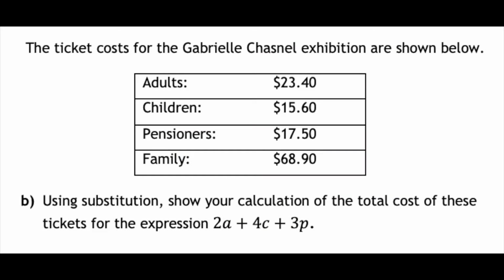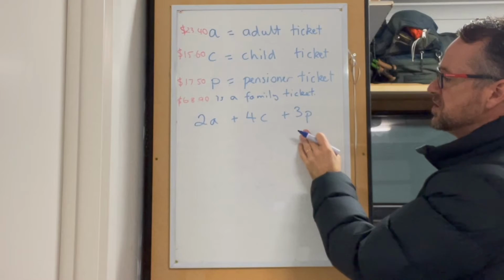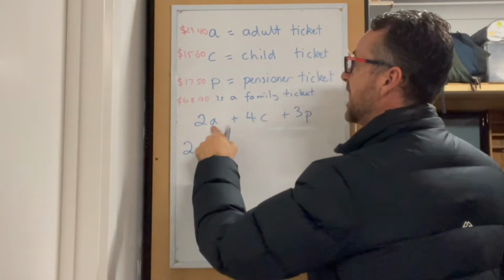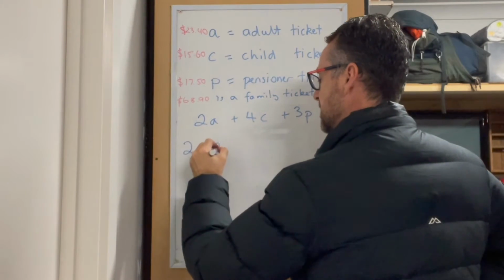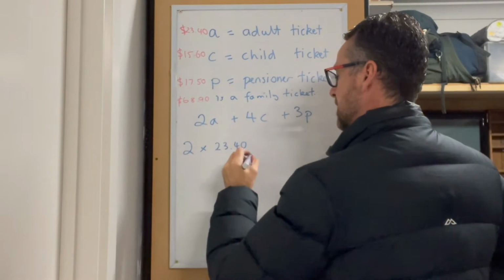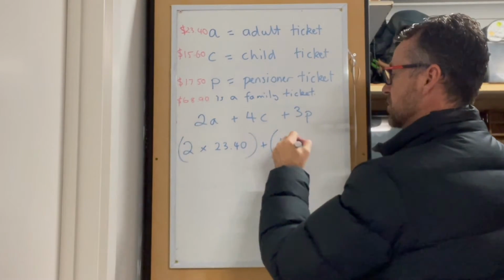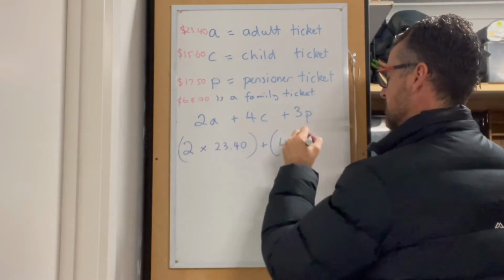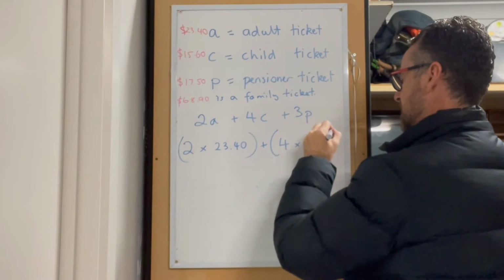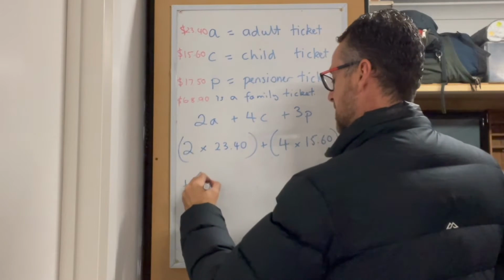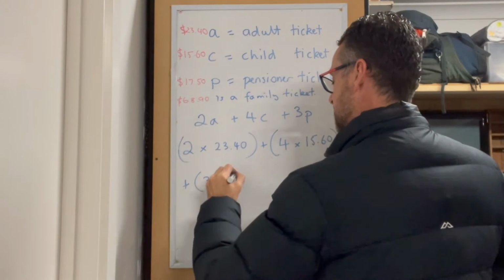Next part of this question asks us to do some substitution, and tells us to reuse this same expression, so we have 2 multiplied by A, which is $23.40, plus 4 multiplied by $15.60, plus 3 multiplied by $17.50.